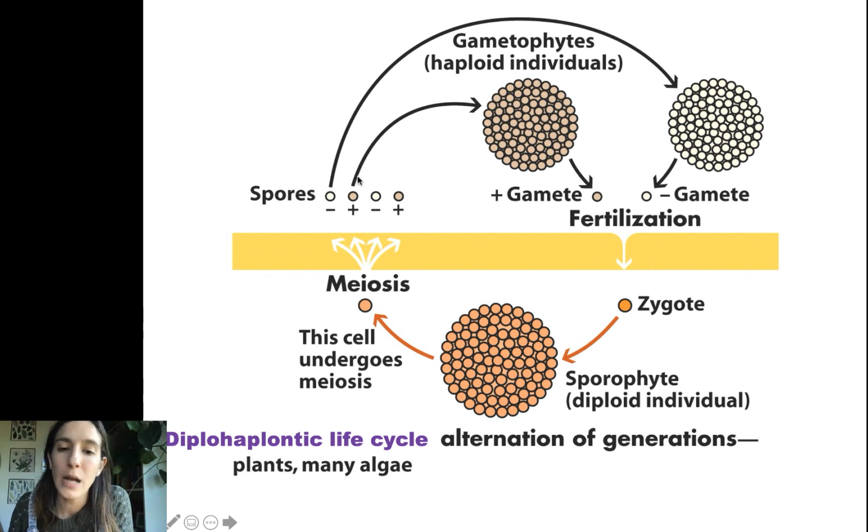Now we can apply some terms to these multicellular individuals. The haploid multicellular individuals are called gametophytes, which makes sense because gametes were those haploid cells formed from meiosis, while the multicellular diploid organisms are called sporophytes.